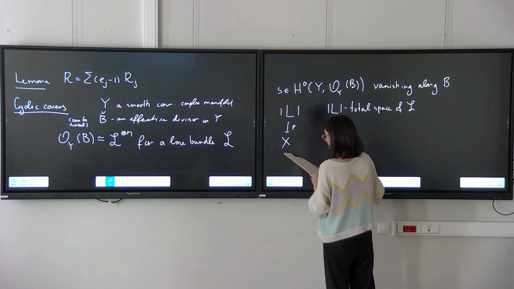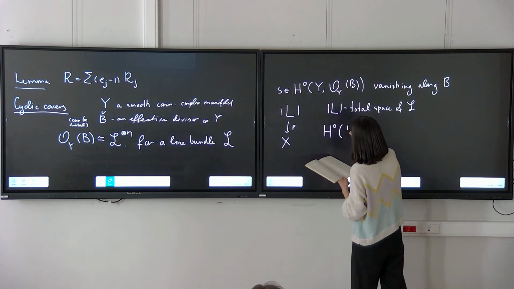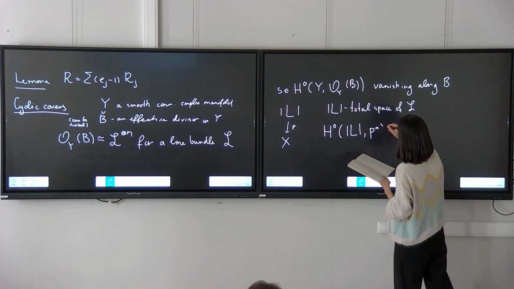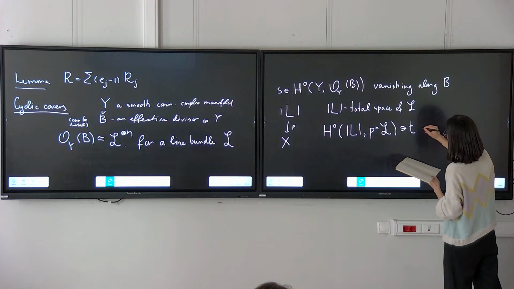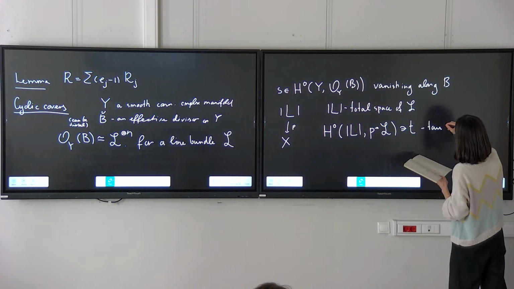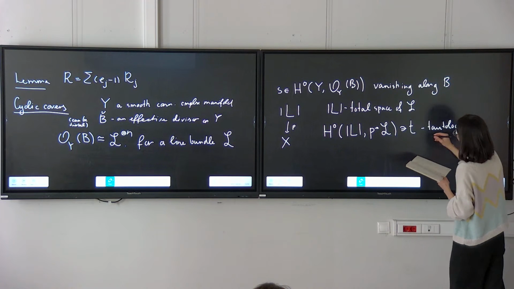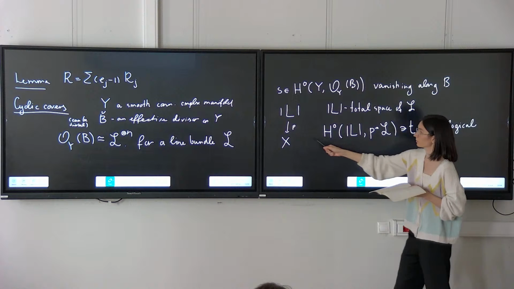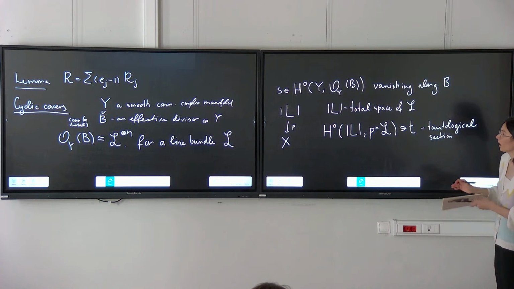And now what do we have? We have a tautological section on the pullback of L. There is a tautological section just by the definition of the pullback, right?